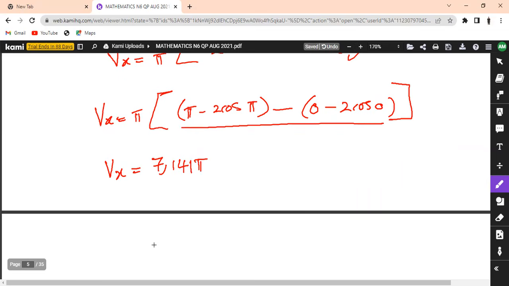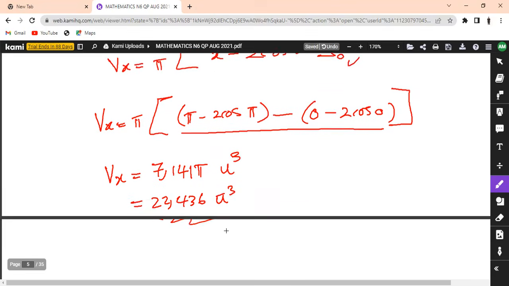So that will be our volume here, of which if we simplify this in terms of decimals, it can give us something like 22.4359. So it's going to be 22.44 if you round off properly, cubic units. So take note, this is volume, guys, and that's why we have our units as cubic units. So that's what we had in this case.